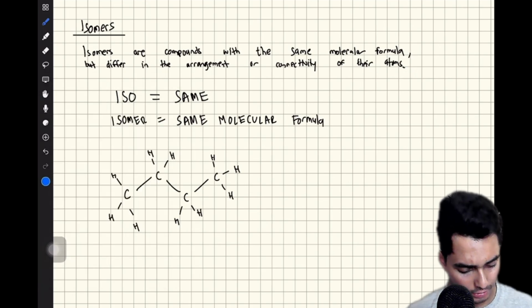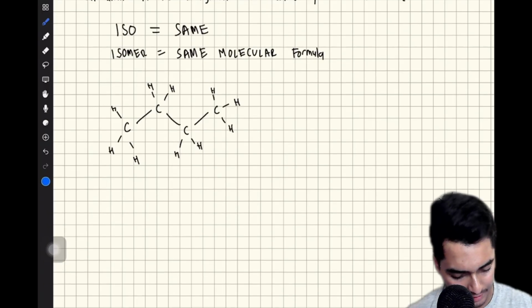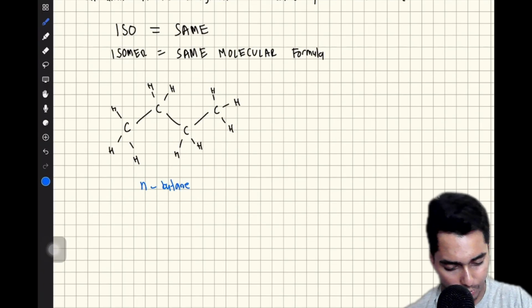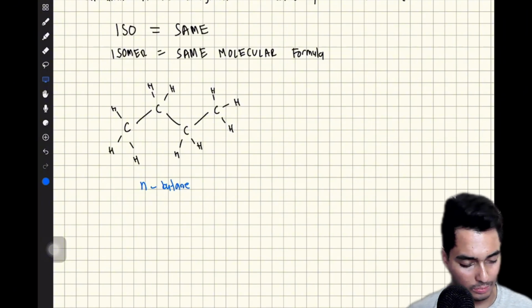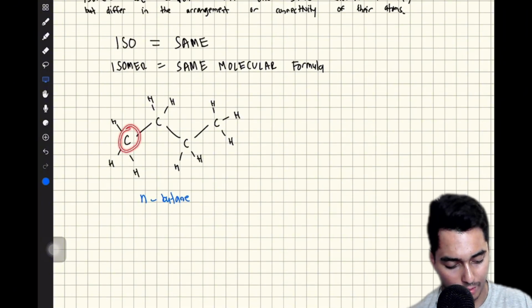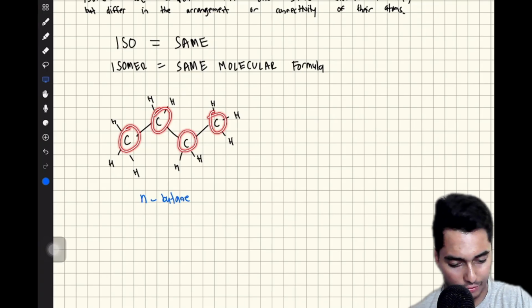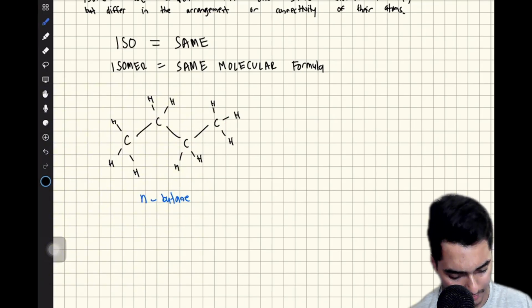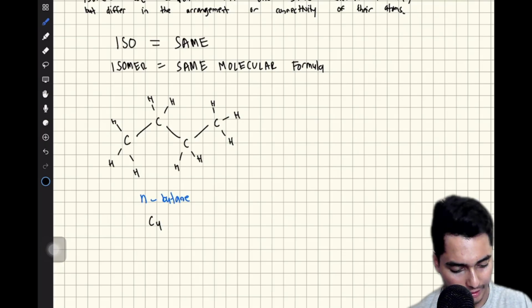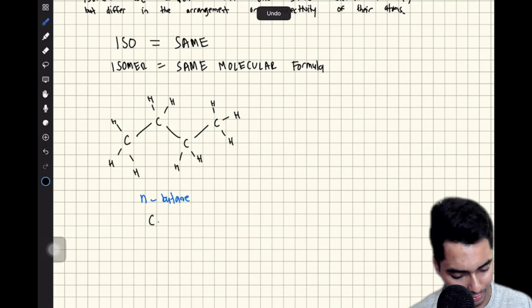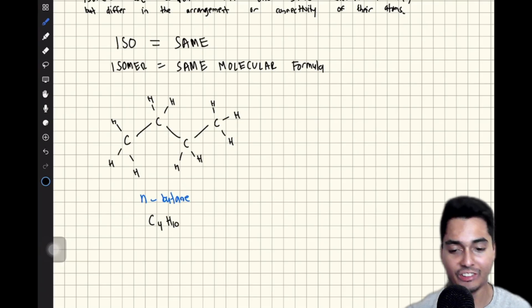The molecular formula of this guy, n-butane, which we'll see is an alkane with 4 carbons. So n-butane is C4, H1, 2, 3, 4, 5, 6, 7, 8, 9, 10, H10. So C4H10. This is n-butane.